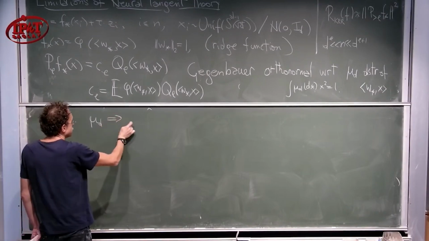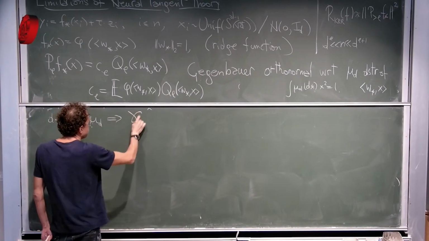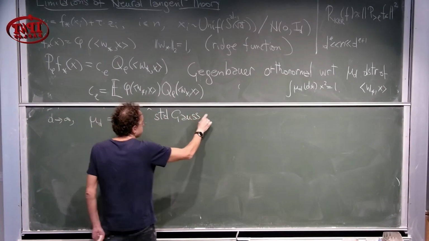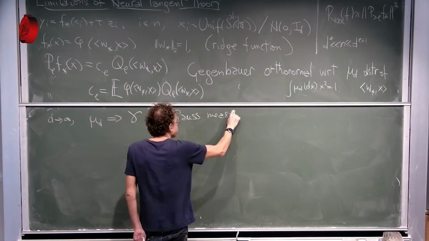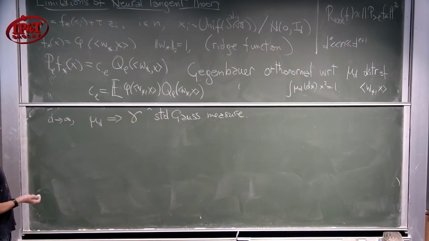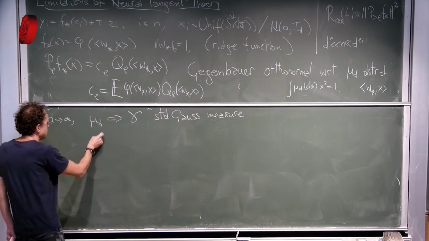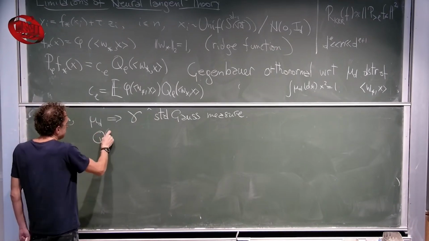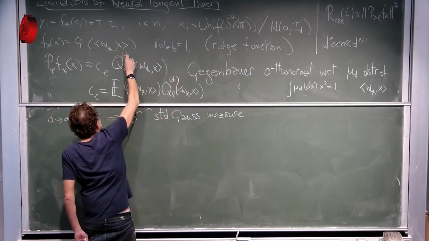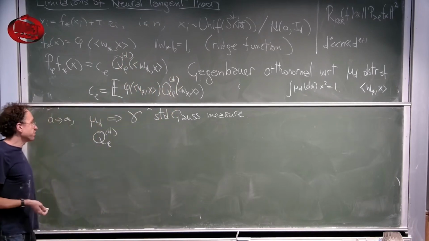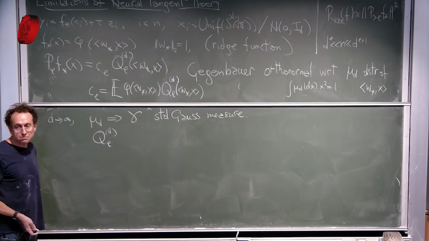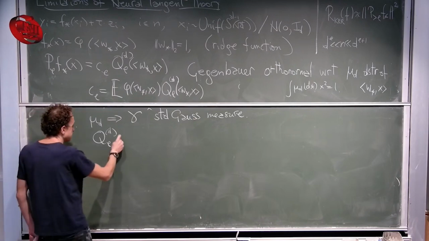So this converges to the Gaussian measure. This implies that the Q_l, being orthonormal polynomials with respect to mu d of degree l, must converge to the orthonormal polynomials with respect to gamma, the Hermite polynomials.